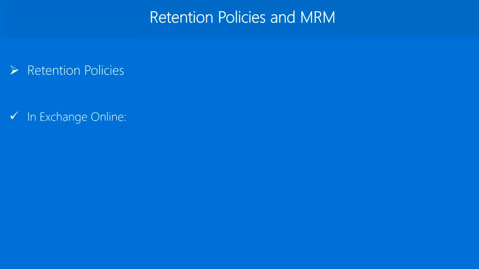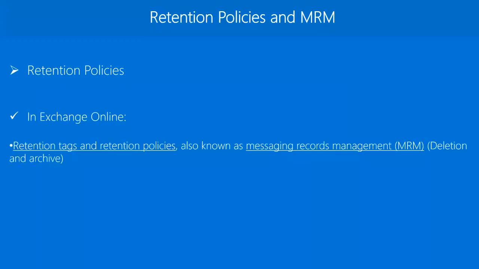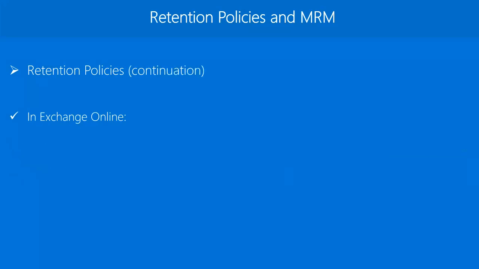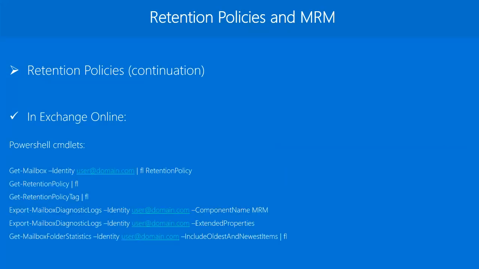Just looking back, in Exchange Online, in Exchange Admin Center, we have retention policies and retention tags, also known as MRM records, with deletion and archive actions that can be defined. And these are certain PowerShell commandlets that you can keep handy to look into what is the retention policy that is applied for a specific mailbox. If you want to get the information about the complete policy, you can use Get-RetentionPolicy | FL.